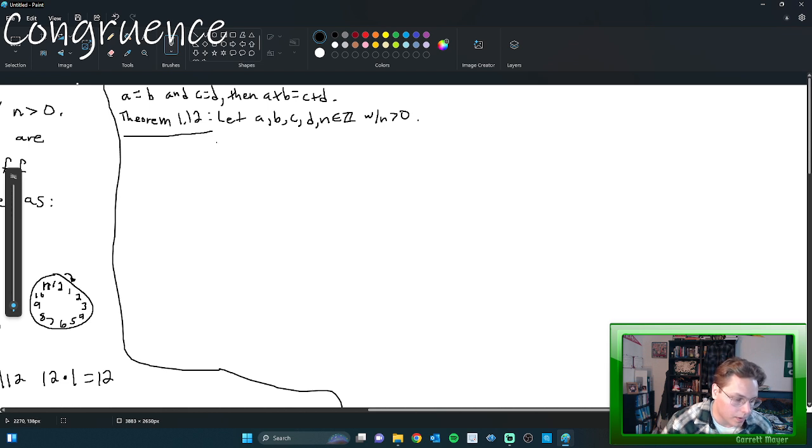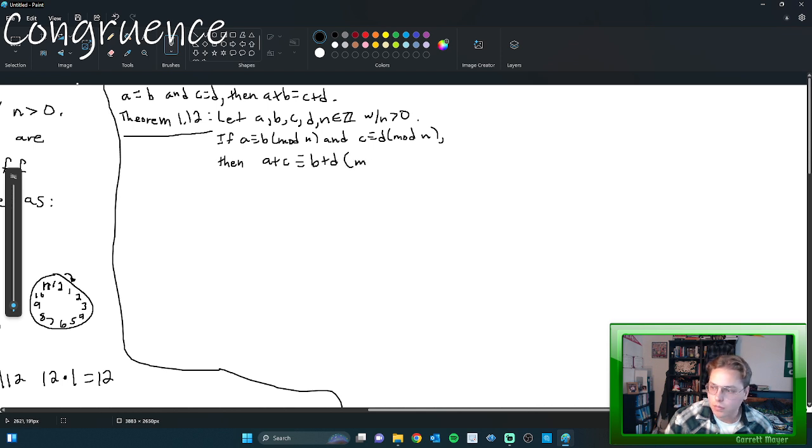If A is congruent to B mod N and C is congruent to D mod N, then A plus C is congruent to B plus D mod N. And the way to prove this, similar to before, is we're going to start with: let A, B, C, D, and N all be integers with N greater than 0.